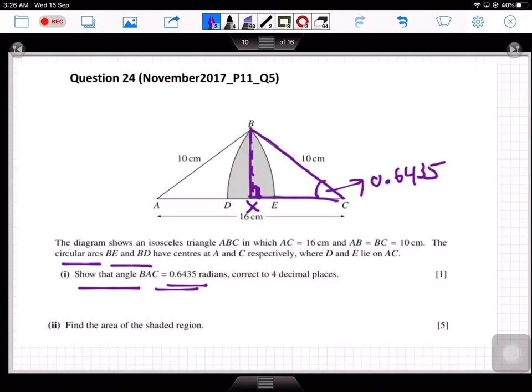If you consider this triangle BXC, or this triangle BXA, it is the same thing. We are interested in finding the area of this right angle triangle, so we will apply the formula of the sine rule. This side is 10 centimeter, but this XC side is 8 centimeter. So please don't make a mistake by considering this whole length.